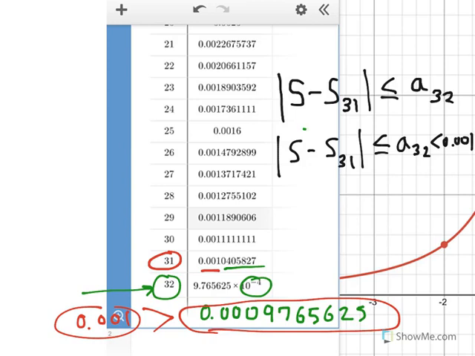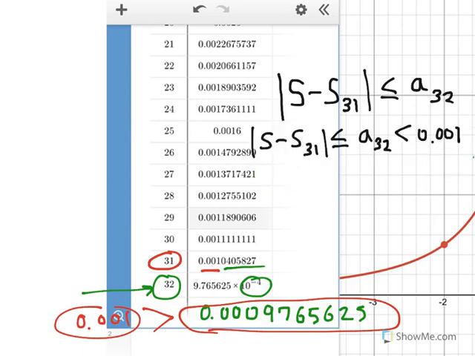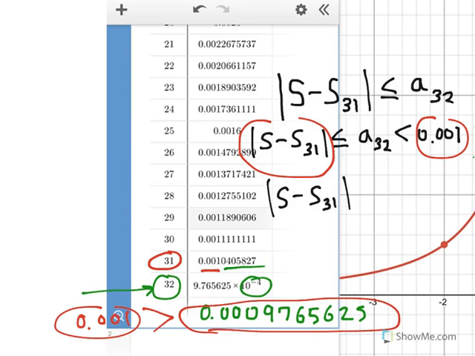So when you look at this compound inequality, here's what we can see. When you just look at this part and this part, we will have the absolute value of the difference between the infinite sum and the 31st partial sum being less than 1,000th.